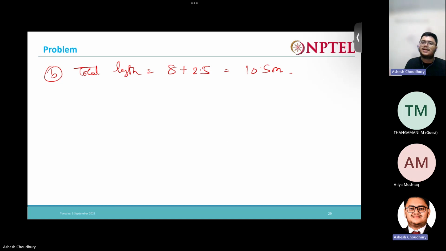So it is up to the designer which direction strength to choose and how to place it. It all depends upon the designer and on whatever sizes of reinforcement or geotextile are available in the market. So this was just a very simple problem.